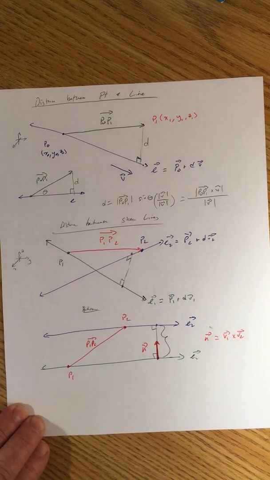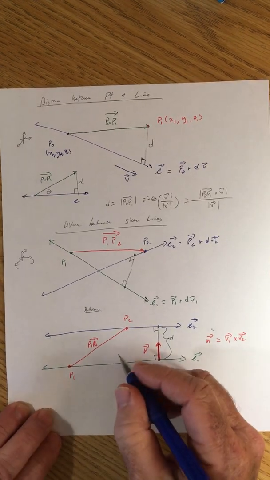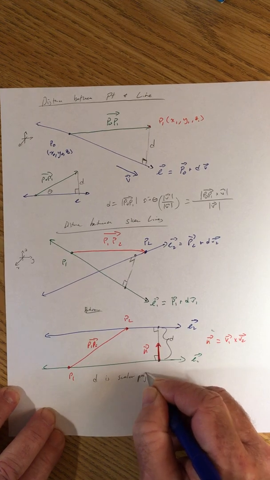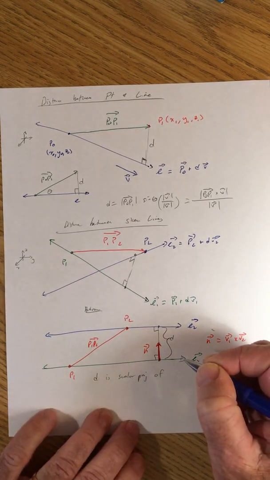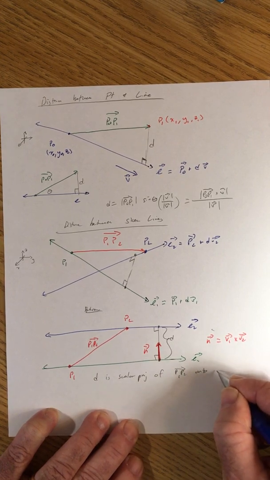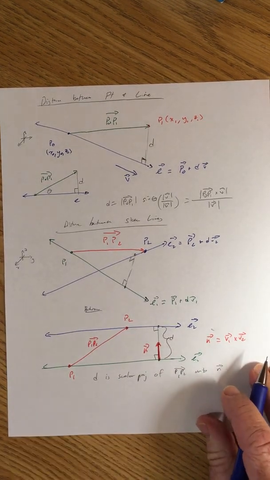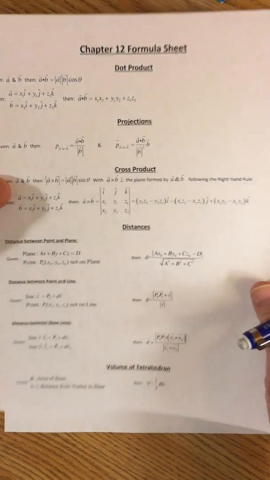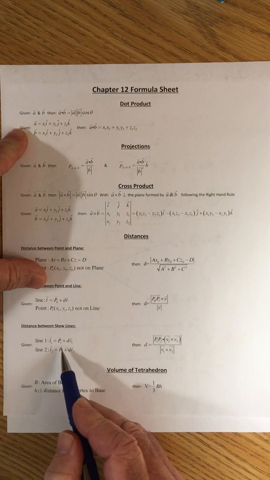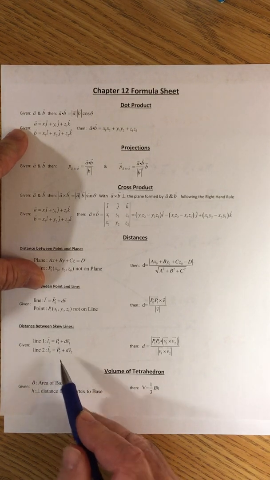All right. So this distance, and you may recognize what I'm about to say, that distance d is the scalar projection of P1, P2 onto n, which is v1 cross v2. All right. So here, let's look at the formula. Given line 1, P1 plus d v1, line 2, P2 plus d v2.